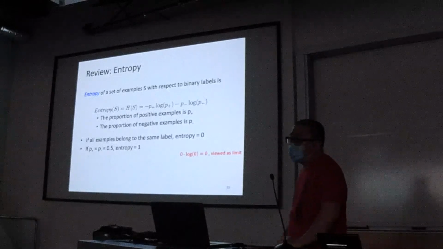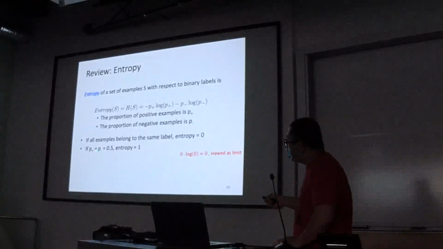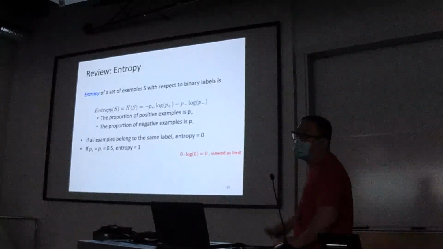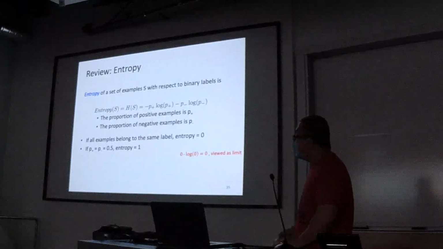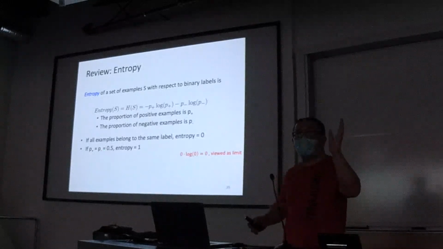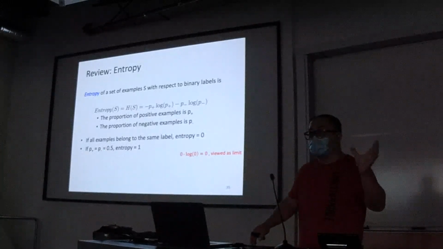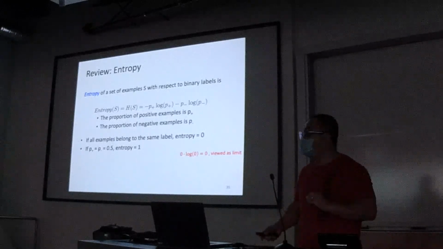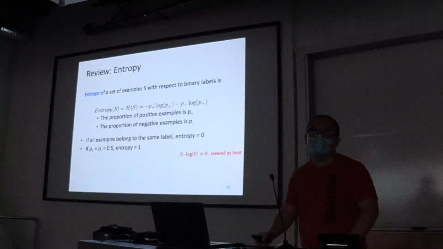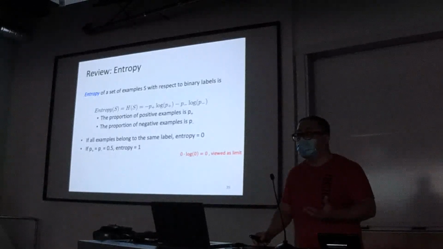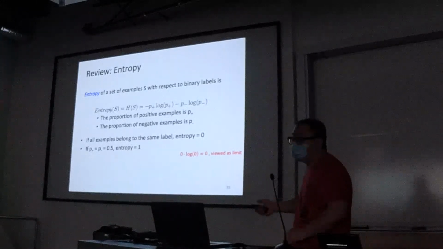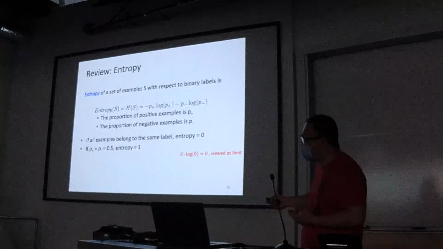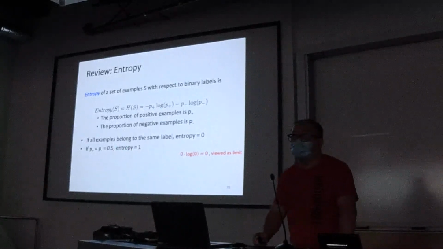On the other hand, if P plus equals P minus equals 0.5, you can show that entropy reaches the maximum, which is 1. P plus equals P minus equals 0.5 means that half the examples are positive and half are negative. You are most uncertain about labels in this data set, because they have equal chance. At the same time, you reach maximum entropy, and you actually have the worst purity.